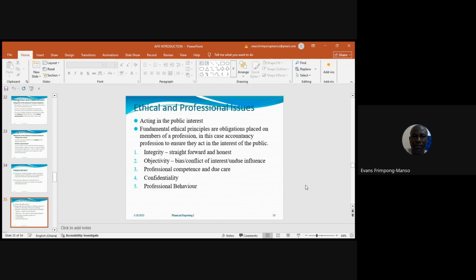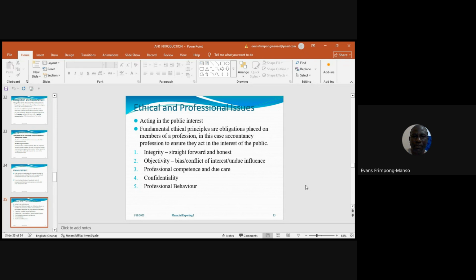And these are what we normally call ethical principles, which were brought into being by the IESB, International Ethics Standards Board.